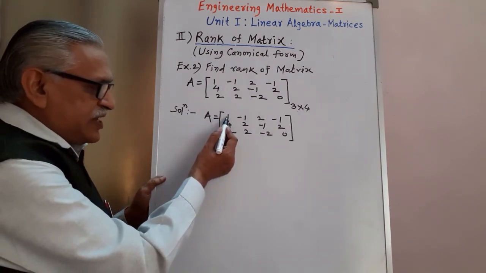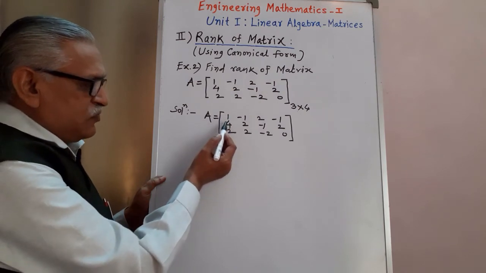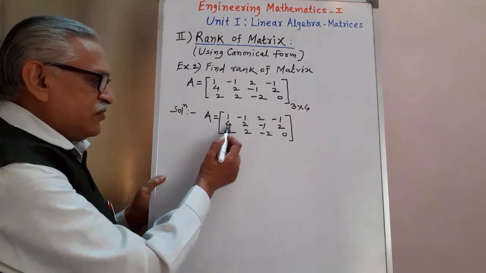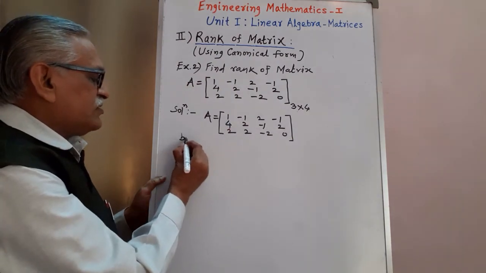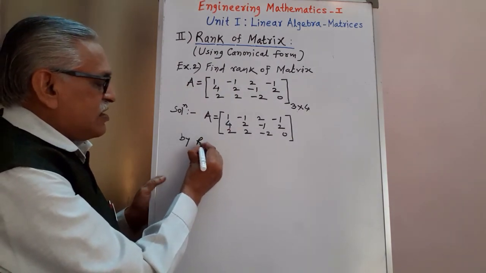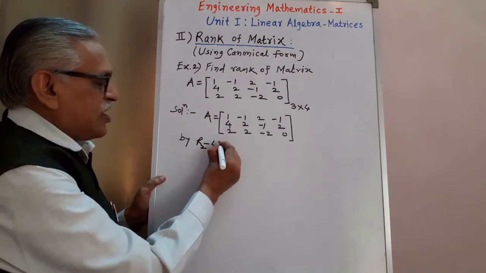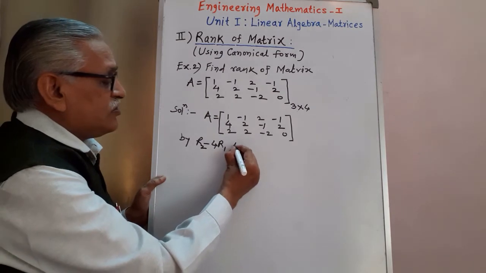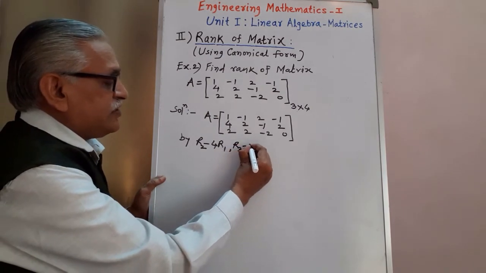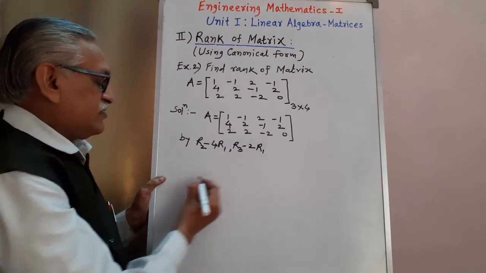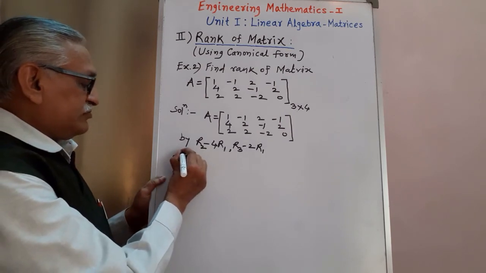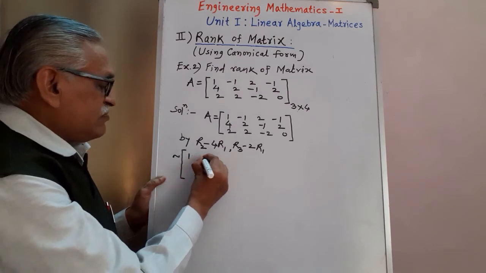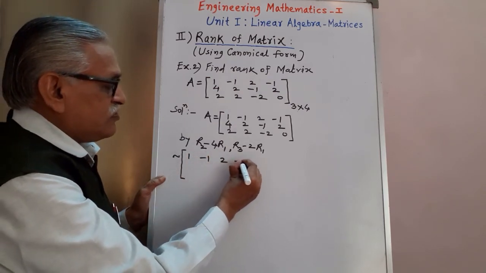Therefore, I am keeping this 1 as it is, and with the help of this 1, I will convert these two elements to 0. 4 minus 4 we get 0, means applying the transformation R2 minus 4 times R1, and 2 minus 2 we get 0, means it is R3 minus 2 times R1. We get first row no change, 1 minus 1, 2 minus 1.